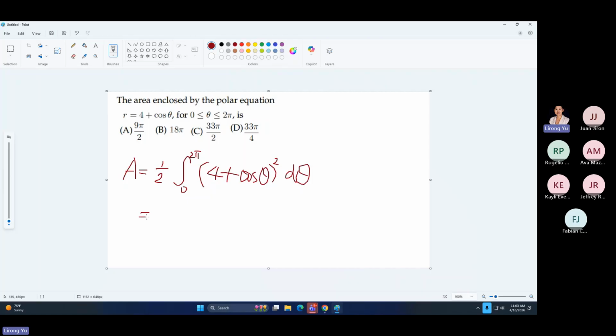In order to finish the calculation, we can leave the integration limit alone and just work on the integrand. We expand the square: 4 squared is 16, plus 4 times cosine theta times 2 is 8 cosine theta, and the last one is cosine squared theta.